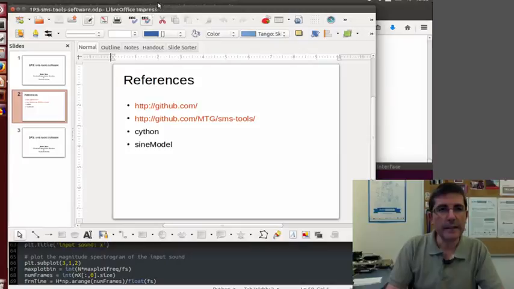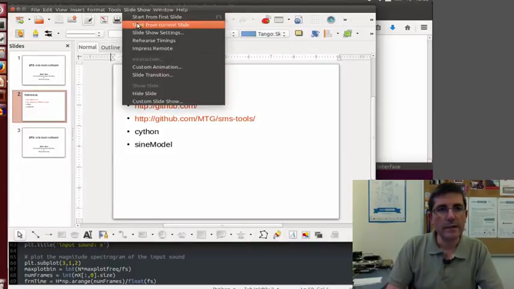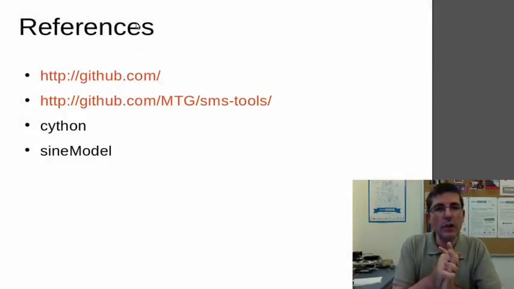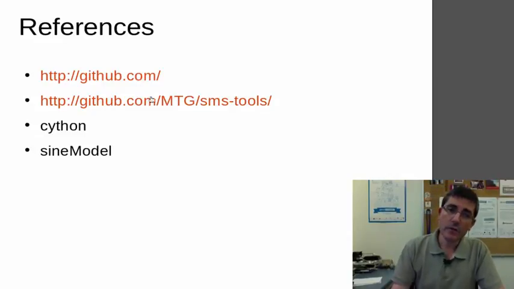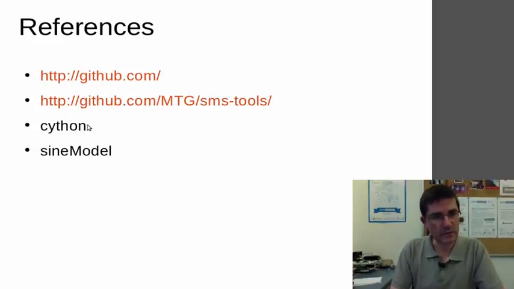So in this class, what we have gone through is an explanation of the SMS tools, which is hosted within GitHub. So feel free to go there and download it and install it. In order to install it, the only thing we had to do, apart from the previous installation we did, was to compile the C functions with Cython.